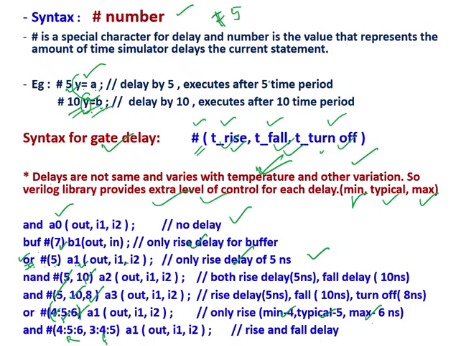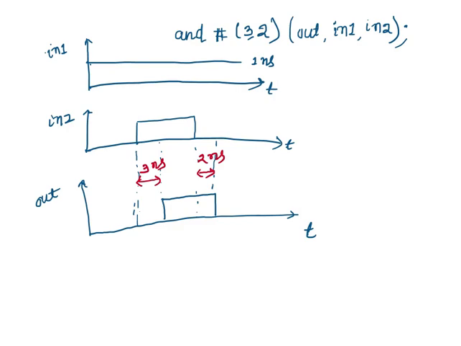Okay, and the next one is AND with 3 to out. This line means, for example, IN1 is this one at 1 nanosecond, then IN2 is this one. Okay, the wave for IN1 is this one, then IN2 is this one, then what will be the output?